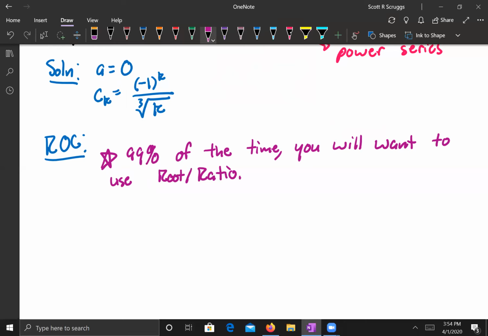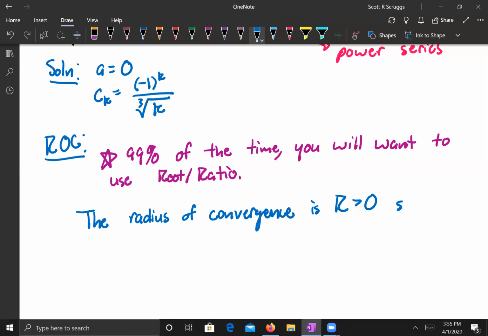And the reason why I state that is because, recall from the video, the radius of convergence is some positive number r such that the absolute value of x minus a is less than r.